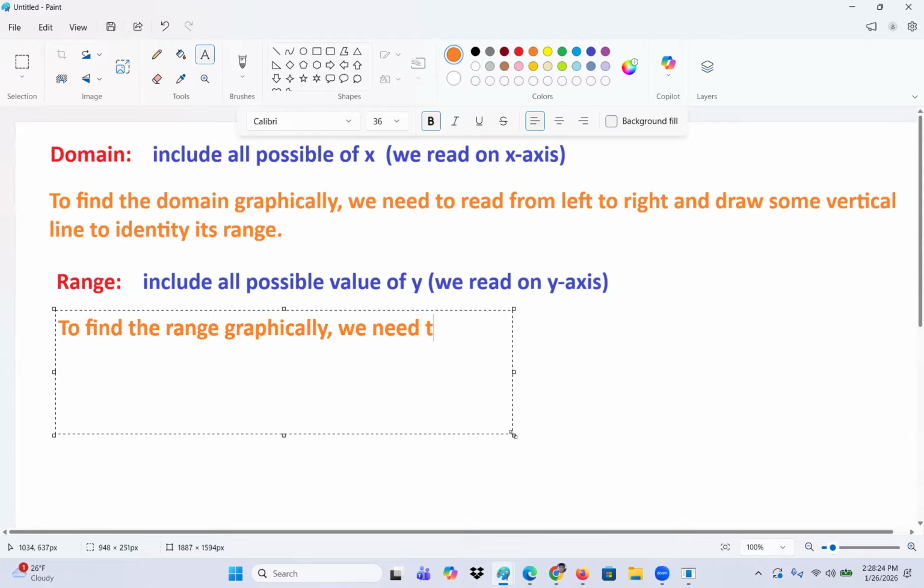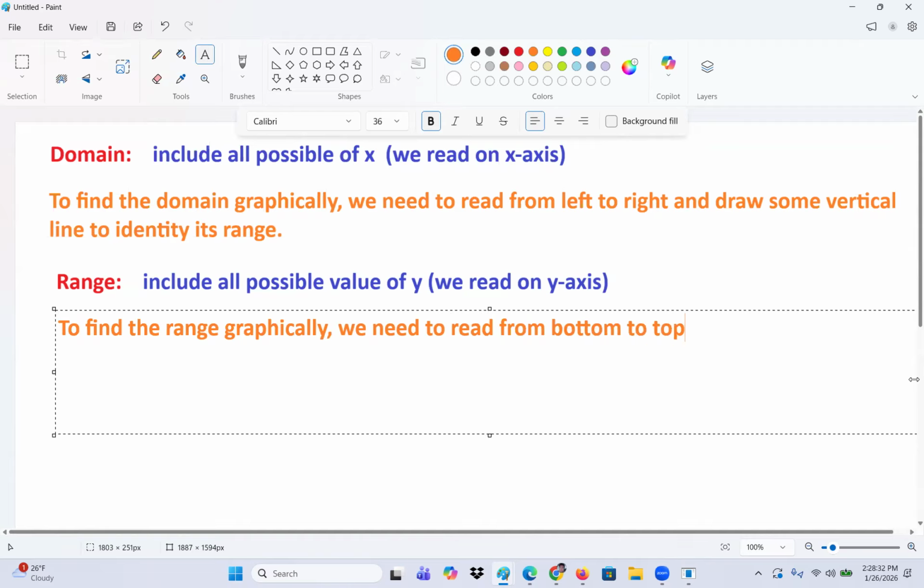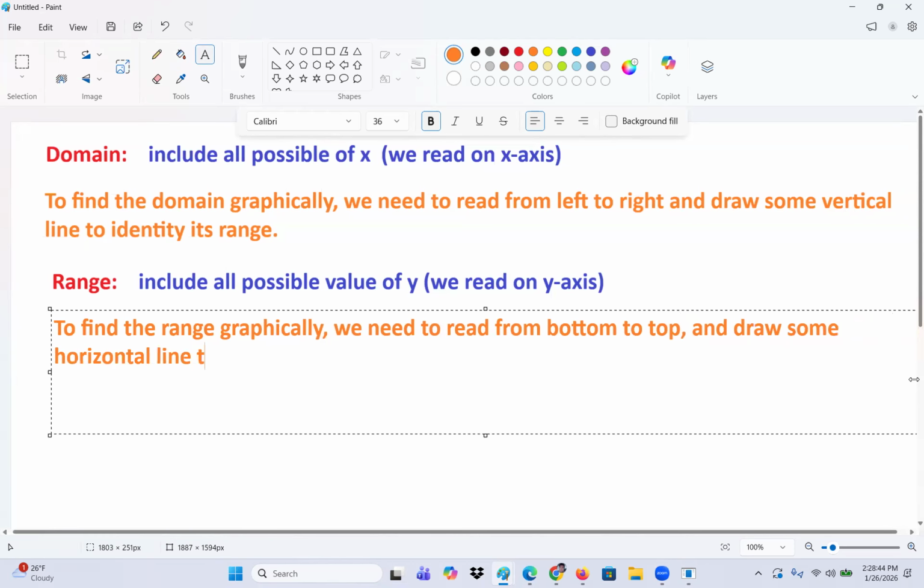We need to read from the bottom to top. There's nothing wrong with going from the top to the bottom, but it's better that you start from the bottom and then go to the top and draw some horizontal lines to identify the range.